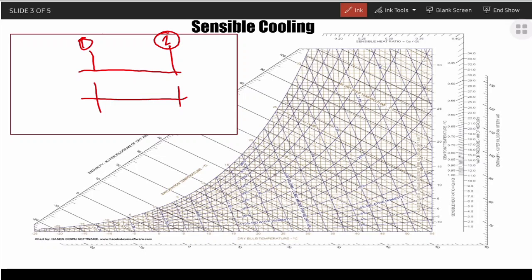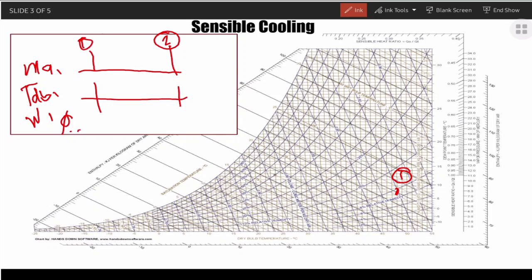And a stream of air which has a mass 1 and properties like dry bulb temperature, humidity ratio 1, relative humidity, and so on, enters a system, and let's mark the initial state on the psychrometric chart as 1 in this portion.